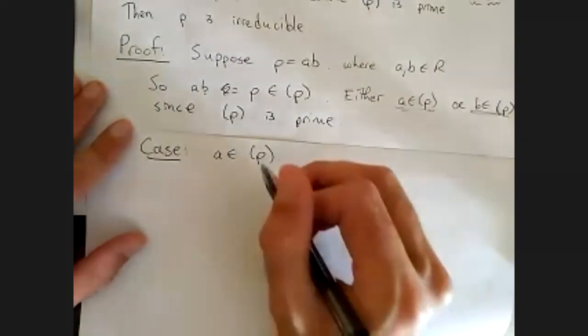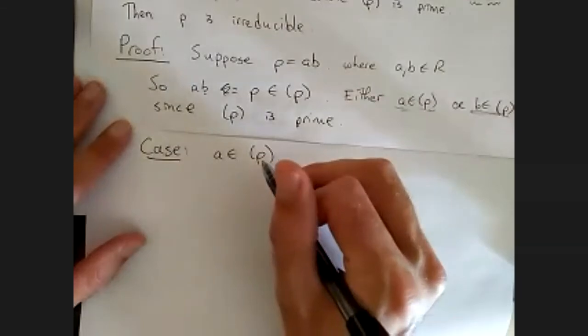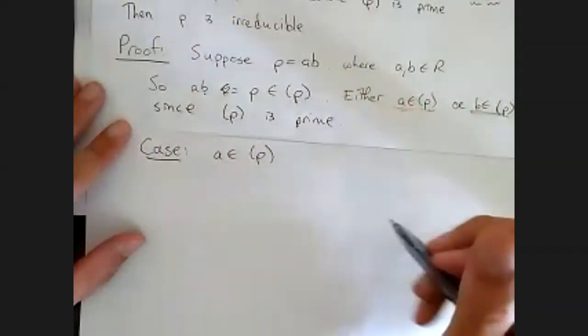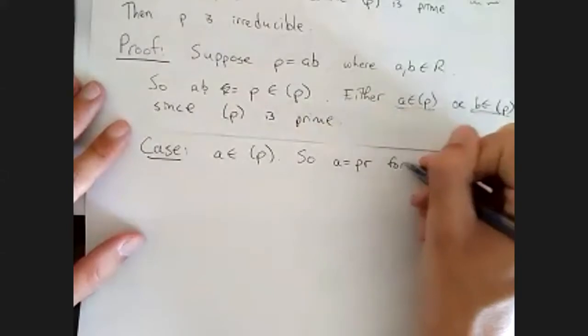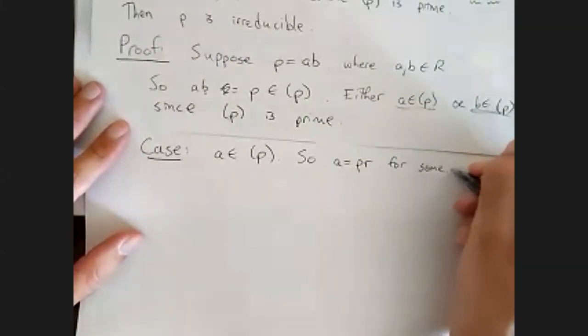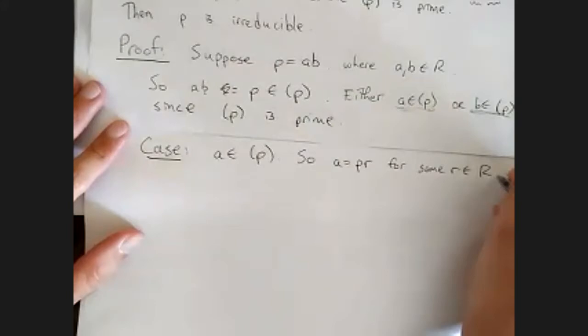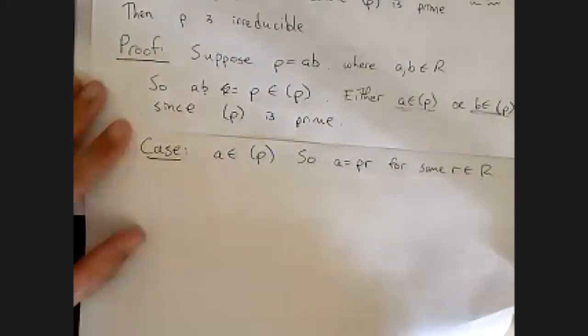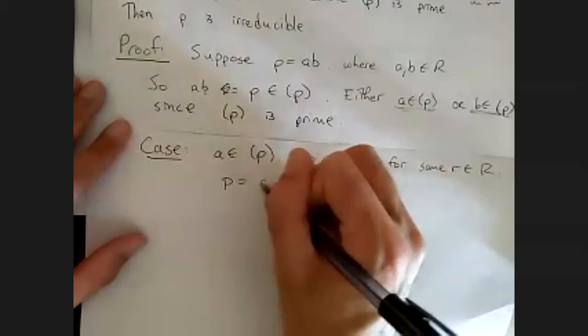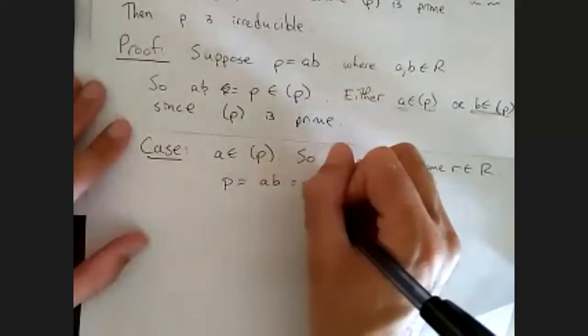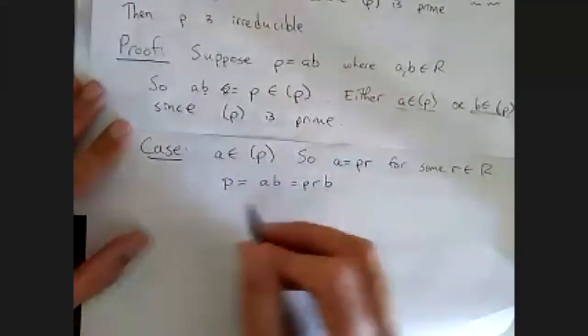Well, the definition says that A is then P times R, say, for some R. What does that mean? Now I remember that P equals A times B, and A is just PR. So P is PRB.